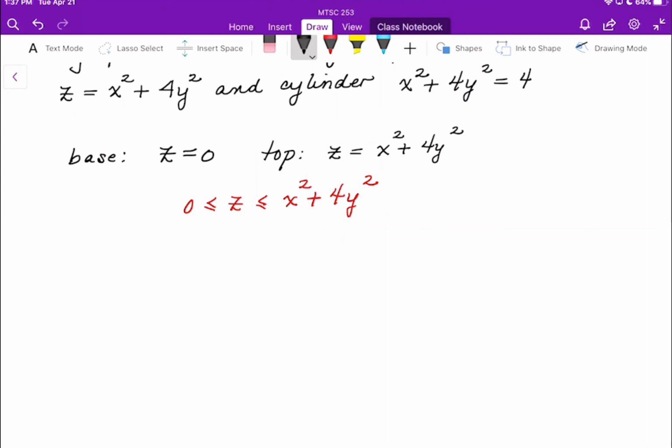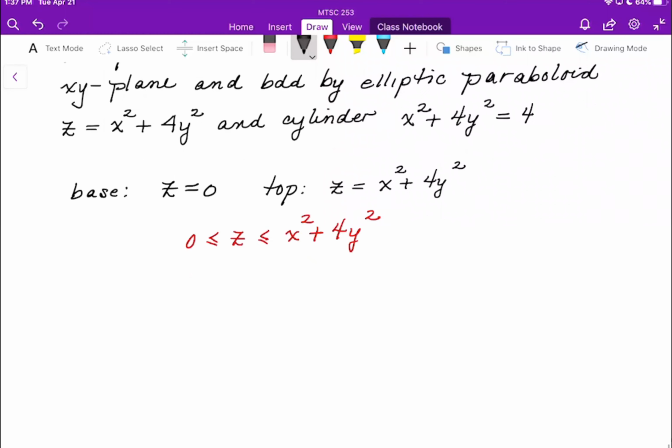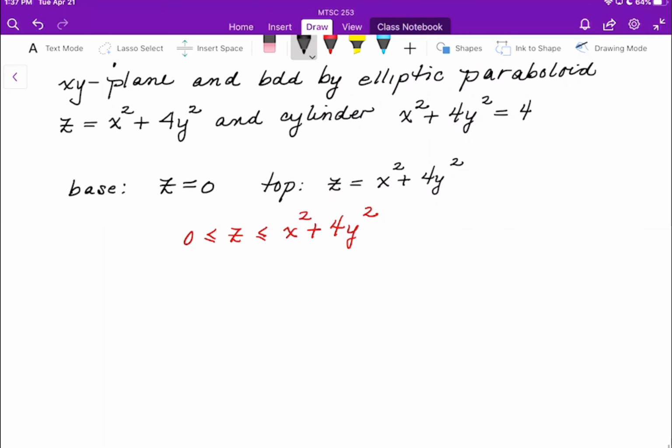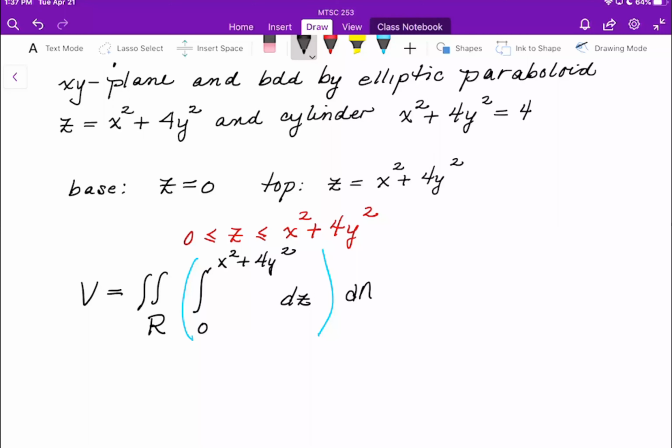So we already know that our volume is going to be the double integral over our region. We know z goes from 0 to x squared plus 4y squared, and then we have dz. So that part is there, but what we need to figure out now is the dA.